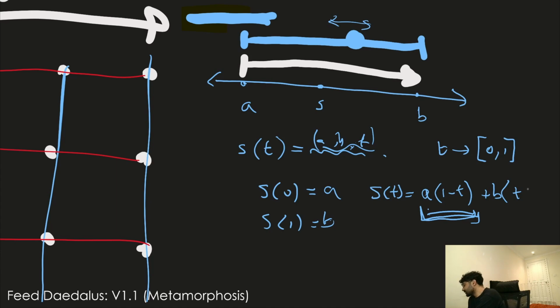And then the second term, when T is 1, B times 1 is just B. So the whole thing becomes B. Now when T is 0, the first term is A times 1 minus 0, which is A times 1, which is A, plus B times 0, which is 0. So what we have is this way to parameterize going from A to B in a continuous way, where T is from 0 to 1.